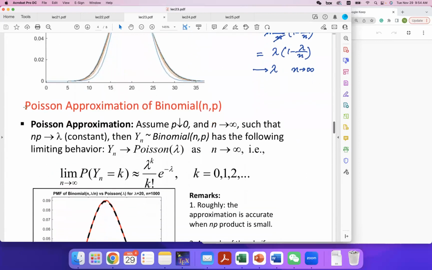And it turns out that in this case, the binomial distribution can be well approximated by a Poisson distribution. It's not Gaussian.